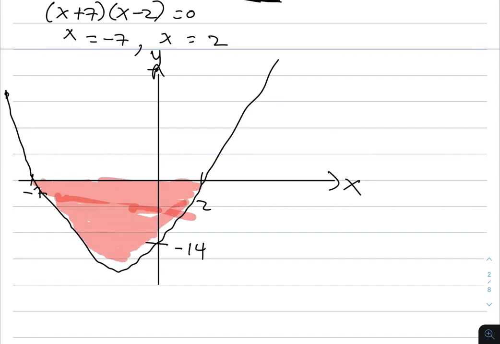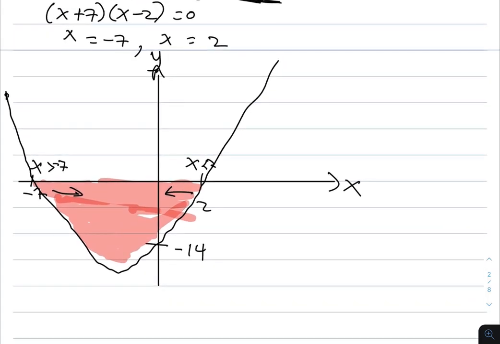Now, how do we get this? Well, this negative portion, it means that x should be more than negative 7, so we can come back, right? So x is greater than negative 7. How about this? x must be less than 2, so that we come back to this negative region. So we have x is greater than negative 7, and then we have x is less than 2.